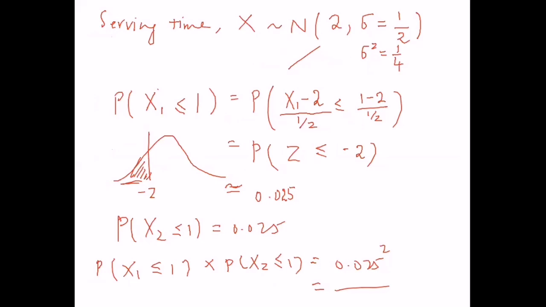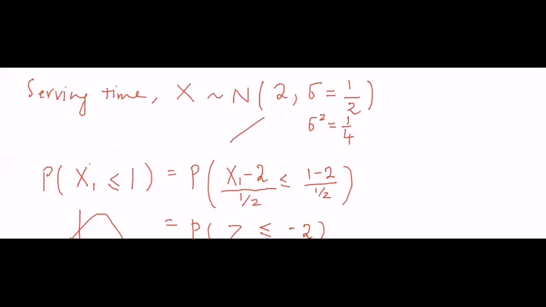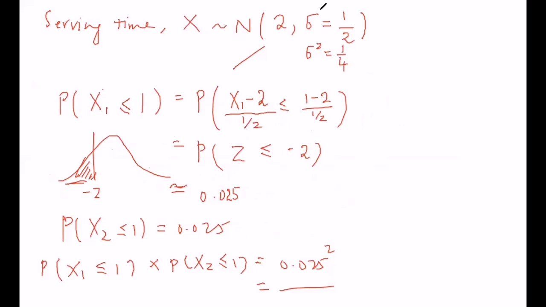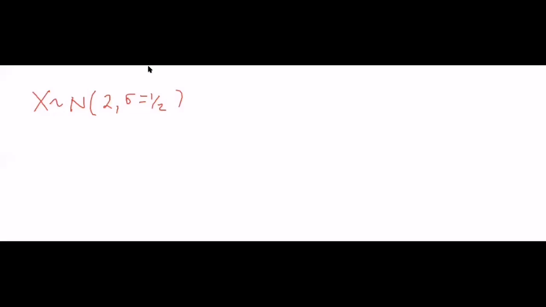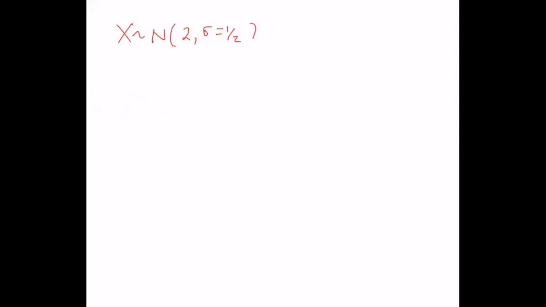And then if 4 customers are served, what's the probability that at least one of them has a serving time that exceeds 2.5 minutes? Okay, so now again your serving time. Let me just write it down. Probability that at least one of them has serving time that exceeds 2.5 minutes.